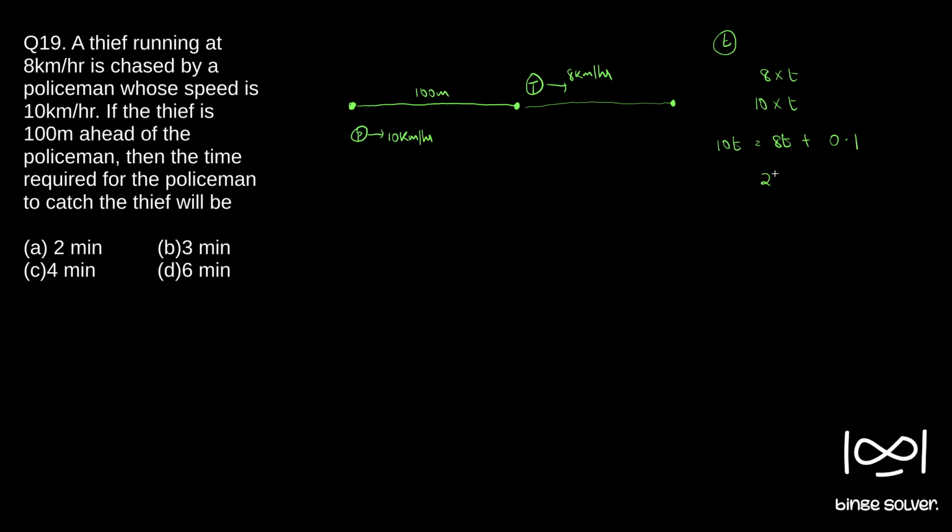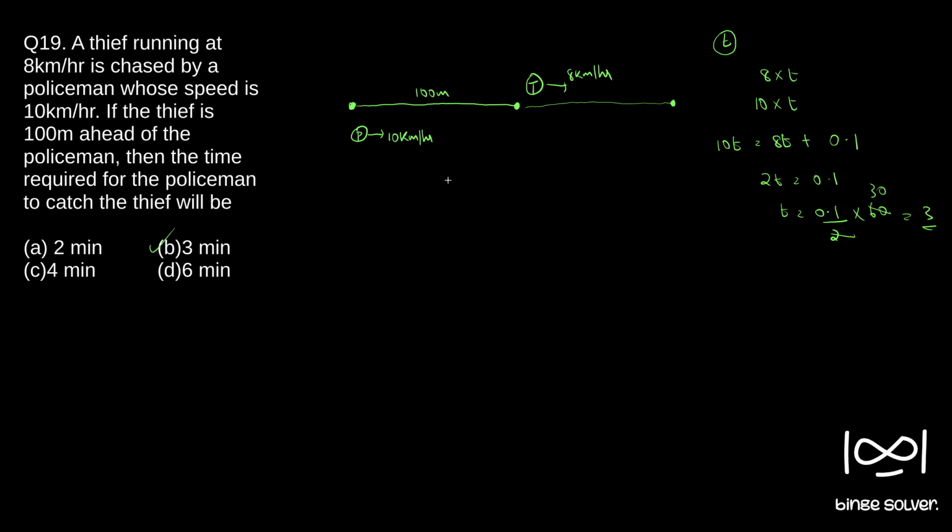So 2t equal to 0.1, or t equal to 0.1 by 2. This is in hours. If you multiply by 60, we get the time in minutes. So this becomes 3. So 3 minutes is the answer. This is the usual step.